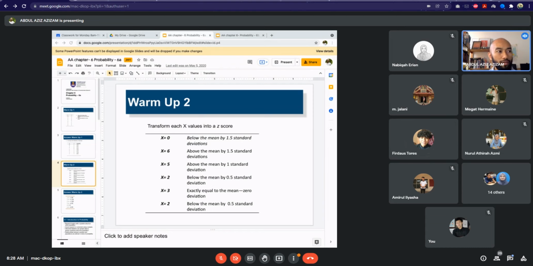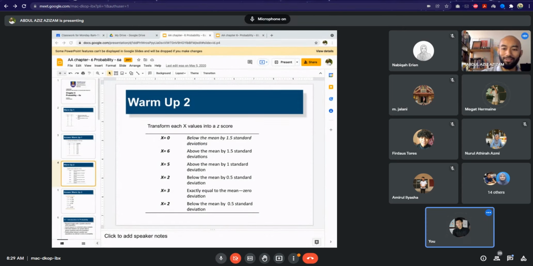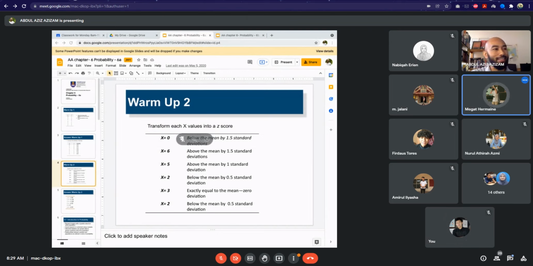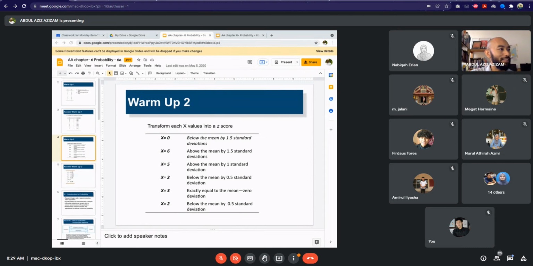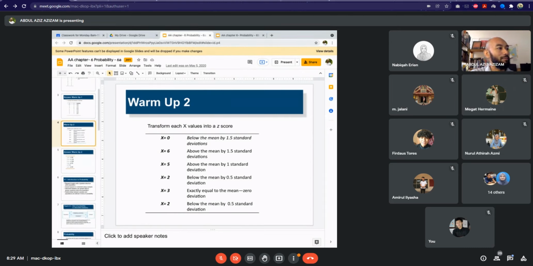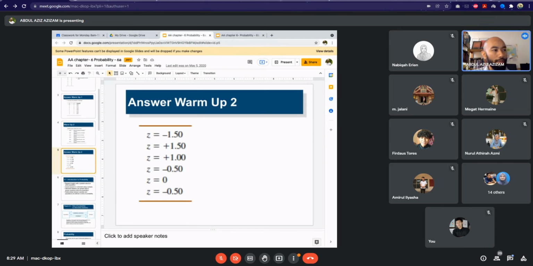If X equal to 6, then its position is above the mean by 1.5 standard deviation, positive 1.5. Okay, good. And so on.